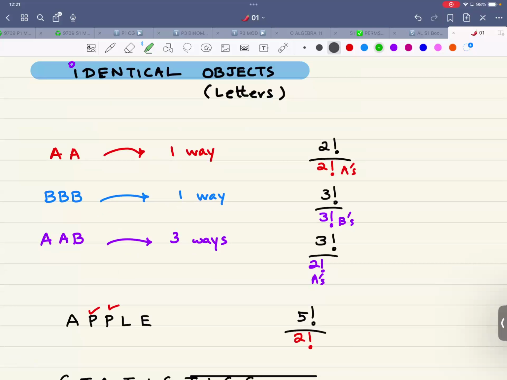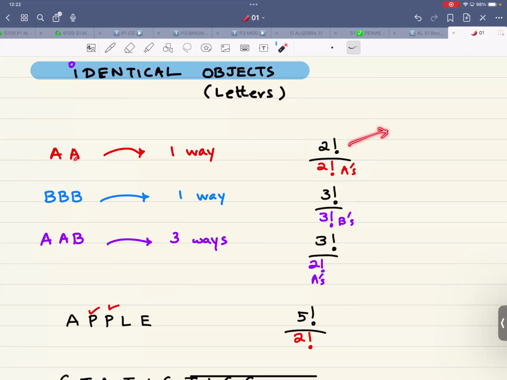If we deal with identical objects, if there are 2 alphabets and if they are identical, what is the point of arranging them? So they can be arranged in one way. That's common sense. I'll go to the formula in a short while. 3 alphabets, all 3 identical, one way. 3 alphabets of which 2 are identical, that can be arranged in 3 ways, because this is AAB, ABA, and BAA. But what is the background formula?